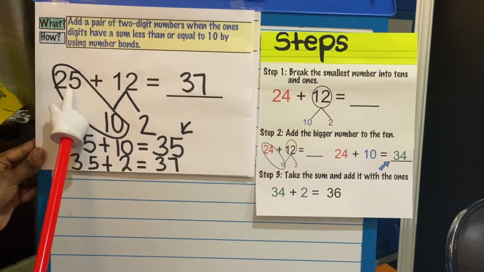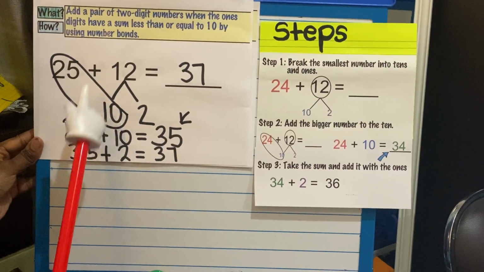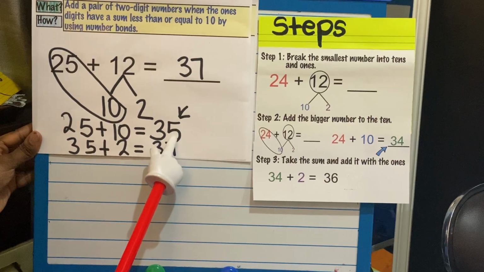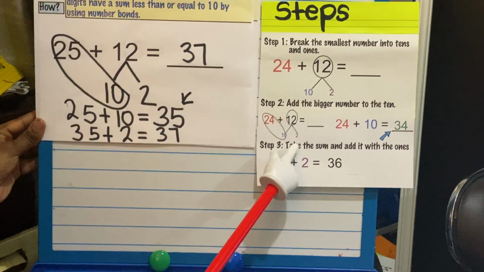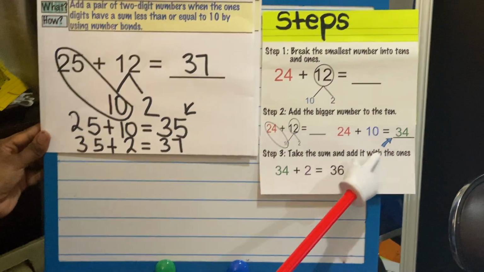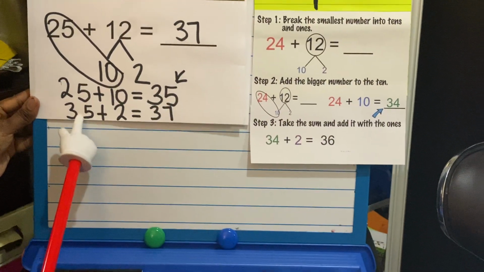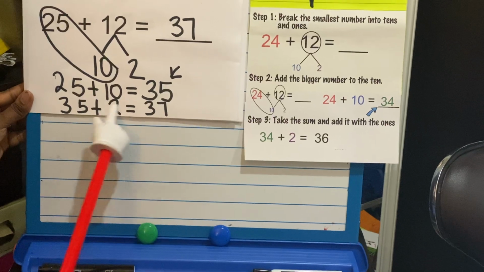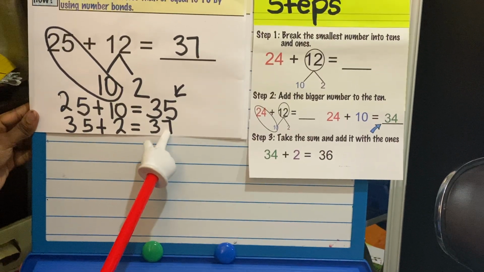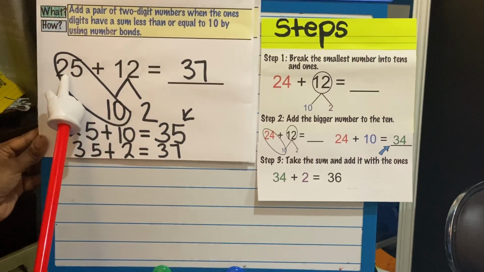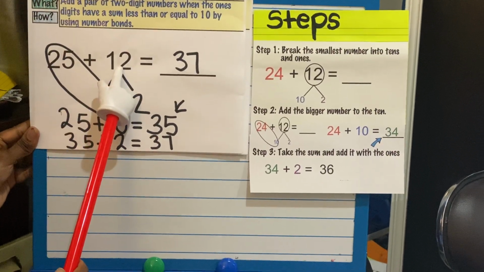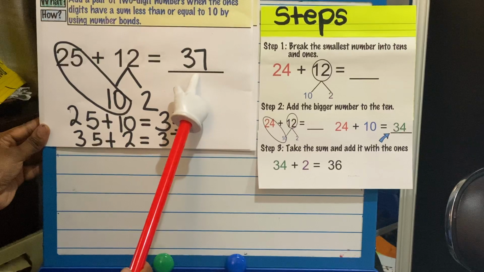So we took 25 plus 10, and it gave us 35. This is the sum. Then we took the sum and added it with the ones. So we have 35 plus 2 equals 37. So we know that 25 plus 12 equals 37.